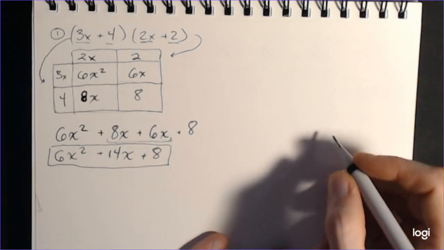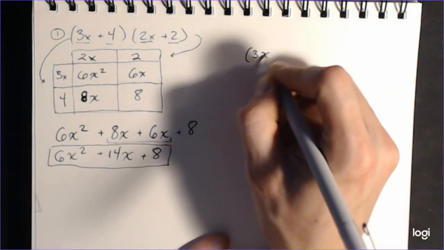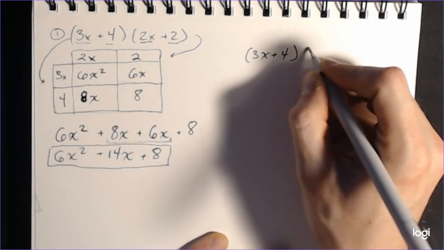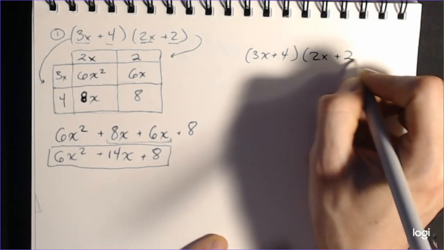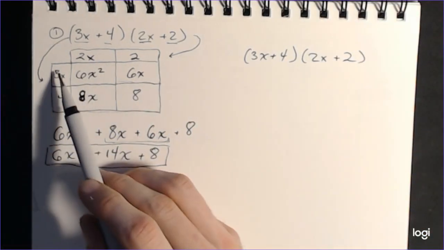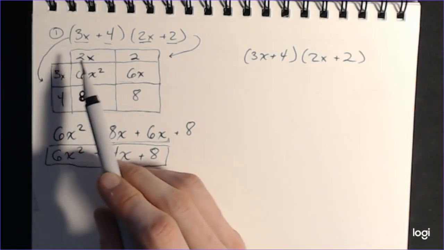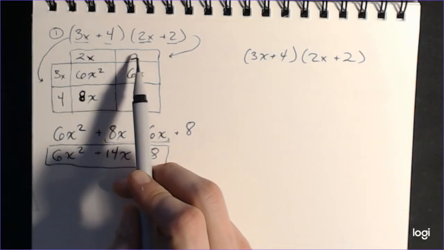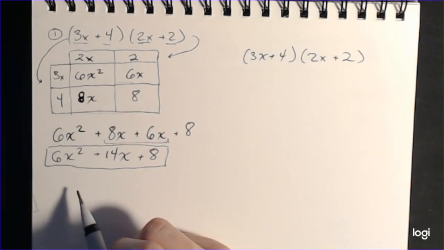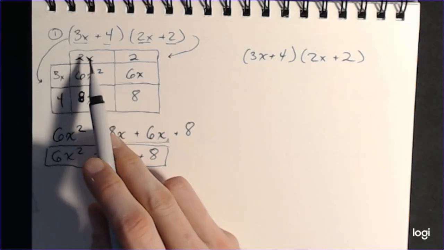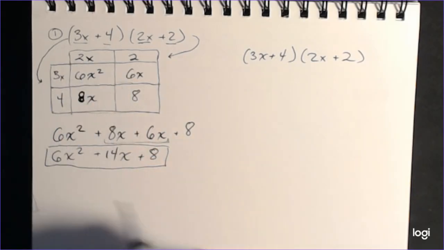Okay, so the FOIL method. Look back at what we did here. This 3x was multiplied by the 2x and the 2 separately. This 4 was multiplied by the 2x and the 2 separately.